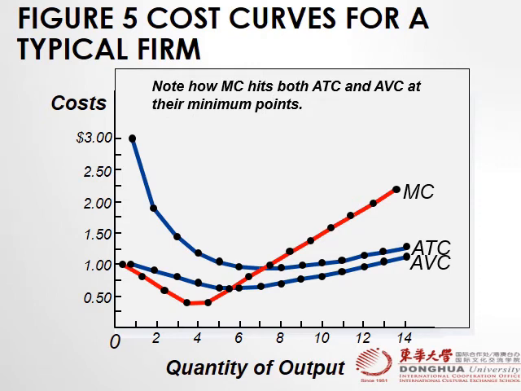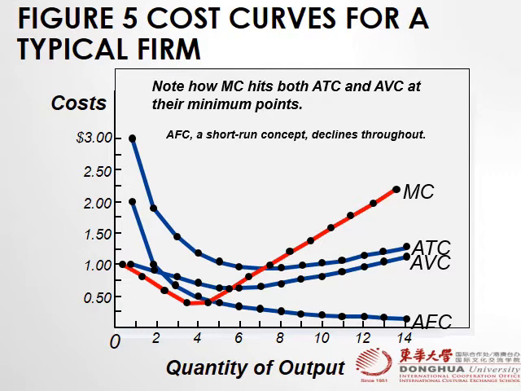Average variable cost is below the average total cost, but you see here the marginal cost crosses both ATC and AVC, which is average total cost and average variable cost. And then we have average fixed cost. Average fixed cost always keeps declining, you see that, but it never touches zero. So that is the beauty of these curves. Let's explain these concepts further.